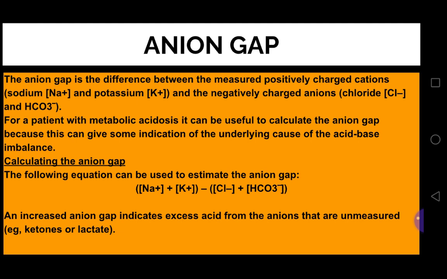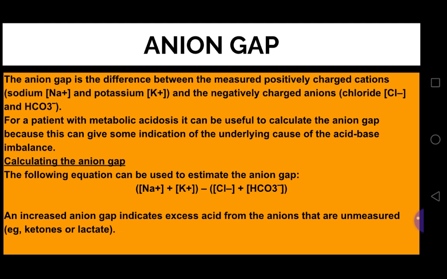For a patient with metabolic acidosis, calculating anion gap can be helpful, because this can give some indication of the underlying cause of the acid-base imbalance. The following equation can be used to estimate the anion gap: sodium plus potassium minus chloride plus bicarbonate.